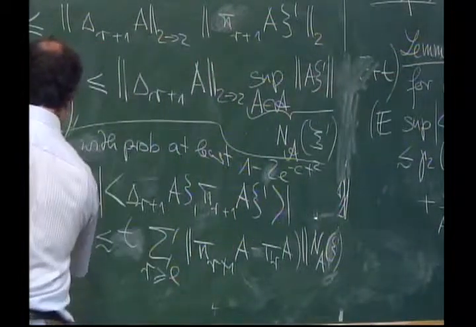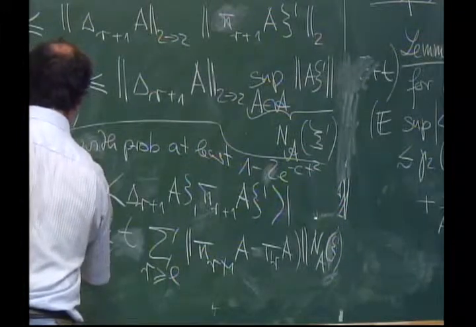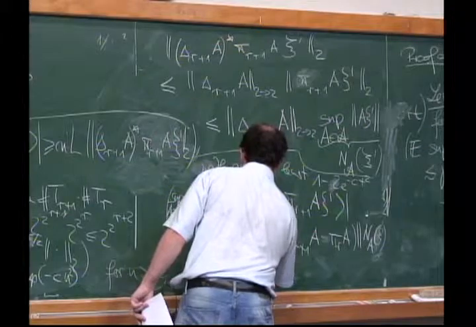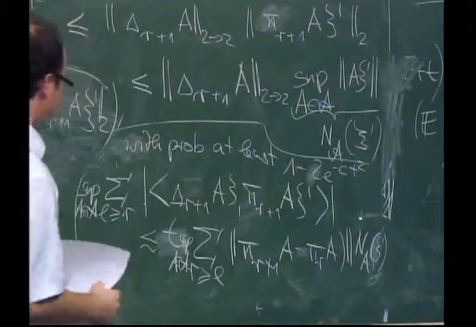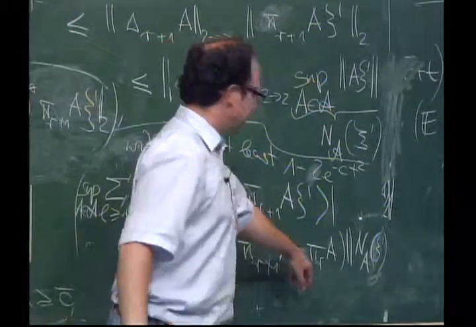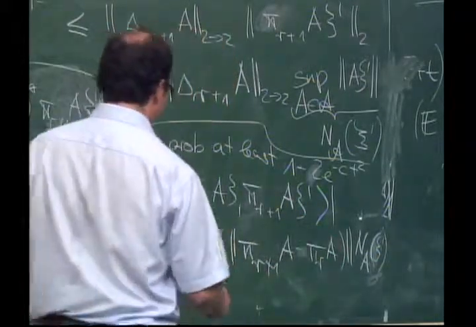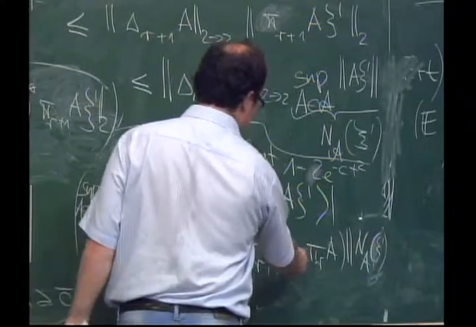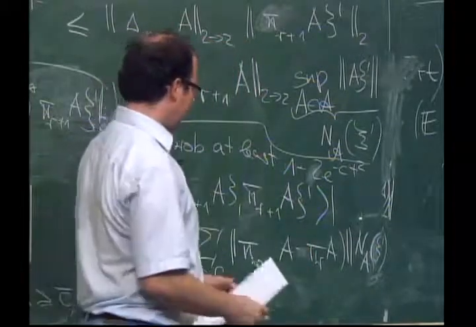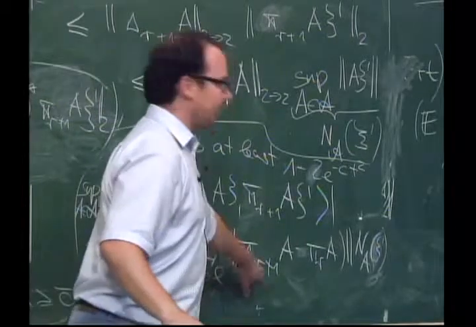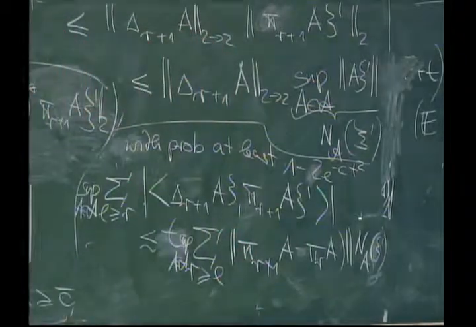And we can also take the supremum now here, and the supremum here. And now you can do triangle inequality, plug in A here, and then you see that this is actually basically the distance of A to the set T R by the definition of PR plus 1.